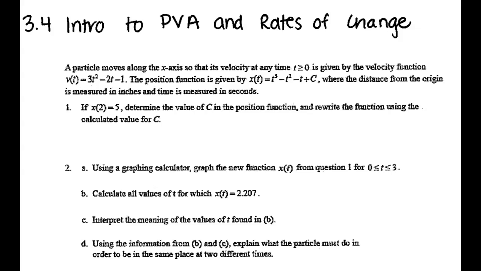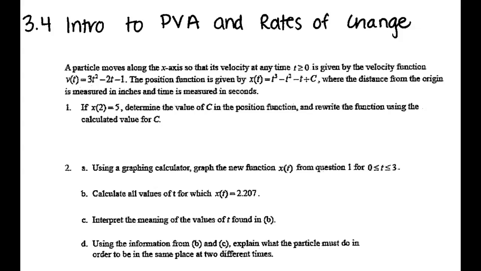So it says that a particle is moving along the x-axis so that its velocity at any time t greater than or equal to 0 is given by the velocity function below. The position of the function is given by x of t equals t cubed minus t squared minus t plus c, where the distance from the origin is measured in inches and velocity is measured in inches per second.